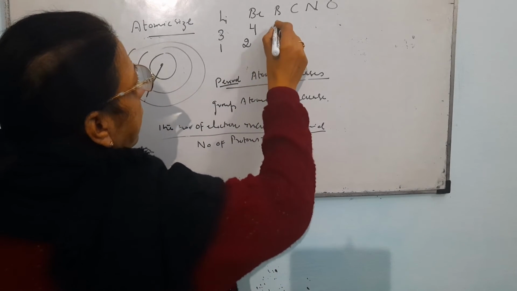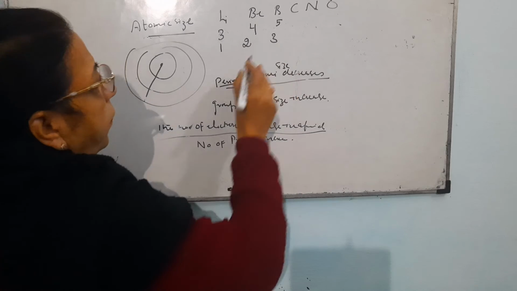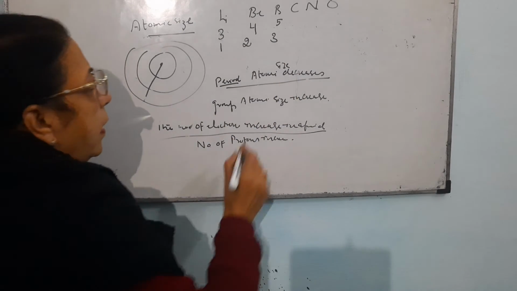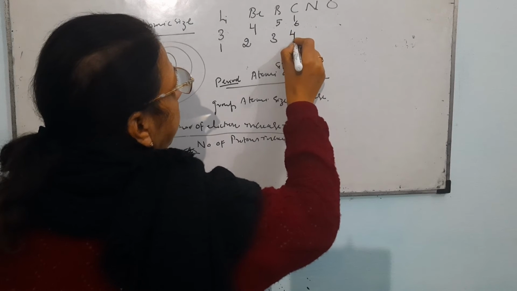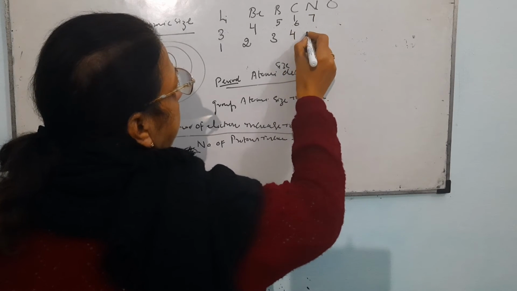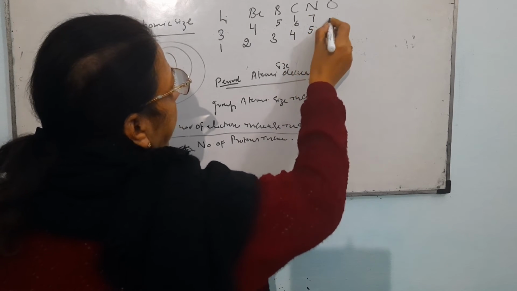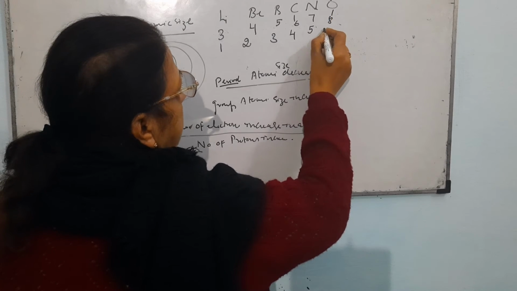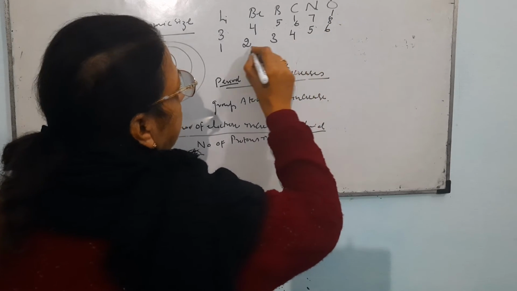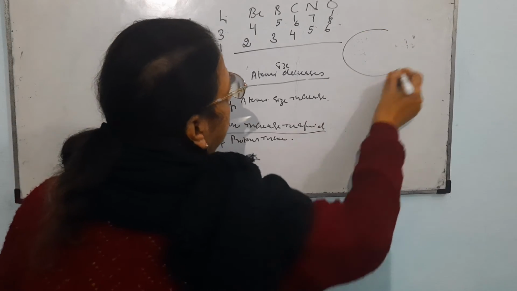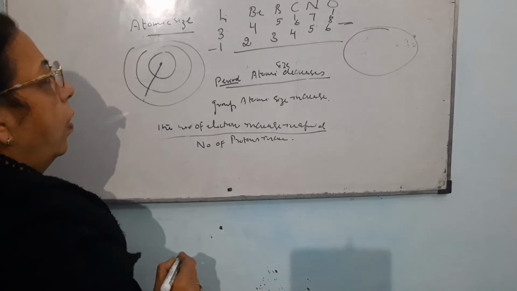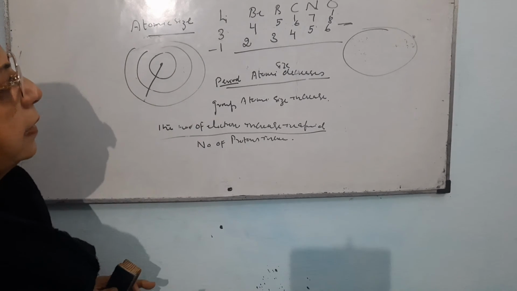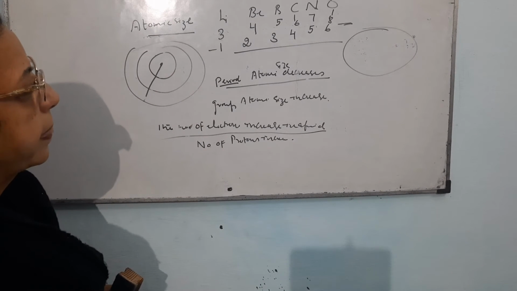In boron, atomic number 5, the number of outermost electrons is 3. In carbon, it is 6, the outermost electrons 4. In nitrogen 7, the outermost electrons 5. In oxygen 8, the outermost electrons 6. But all the electrons are present in the second shell.